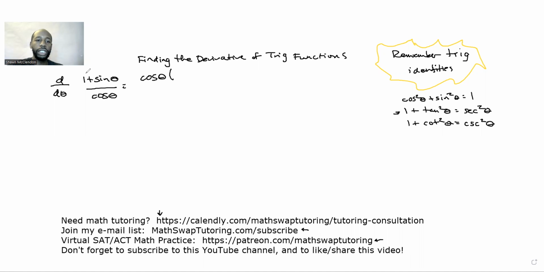The derivative of 1 is just 0, so that goes away. The derivative of sine is cosine. So that's bottom times the derivative of the top, minus the top times the derivative of the bottom. Remember, the derivative of cosine is negative sine. All of this is over the bottom squared.